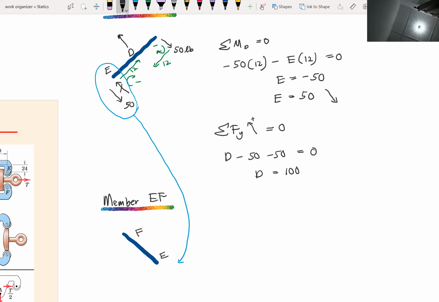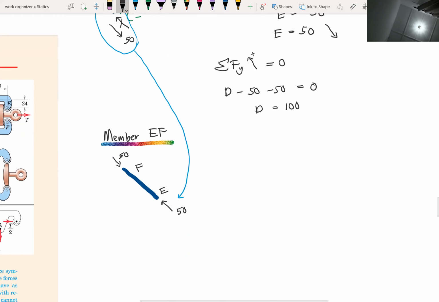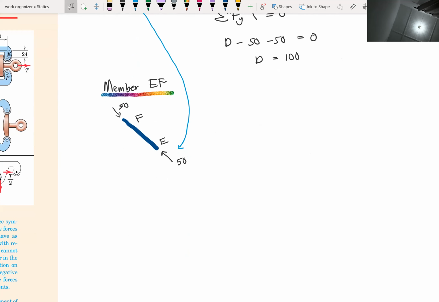So the only force will be up here, which is equal to 50 also, but in different direction. Now we look at member AB.